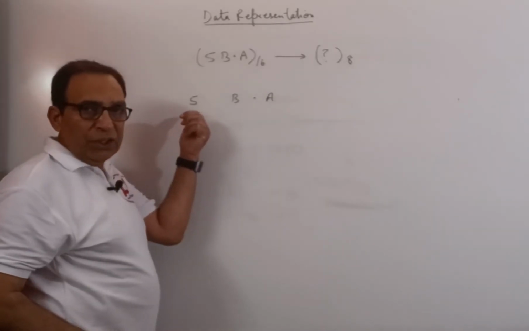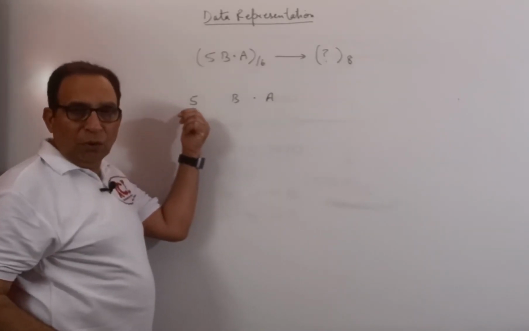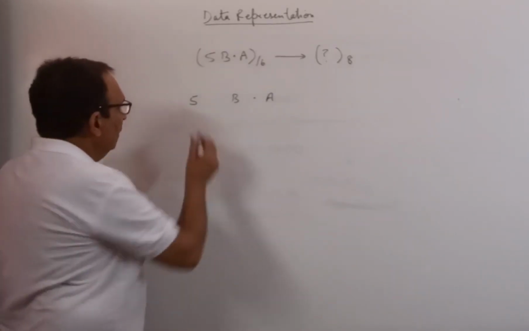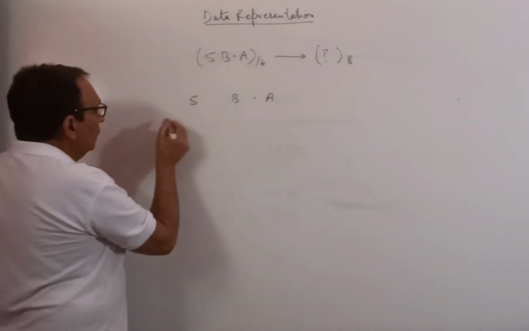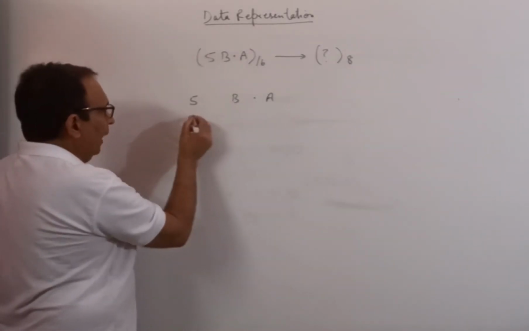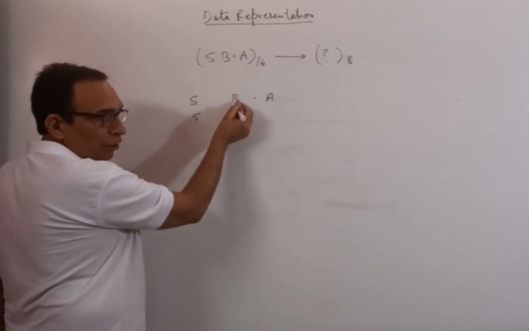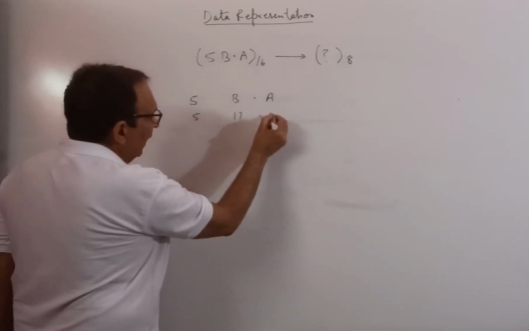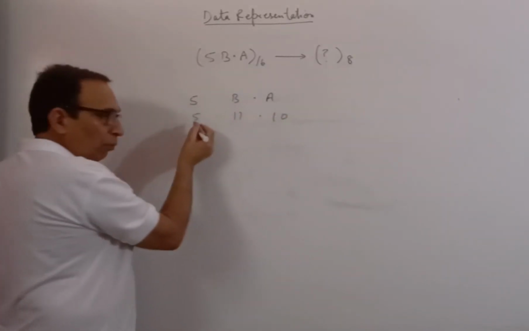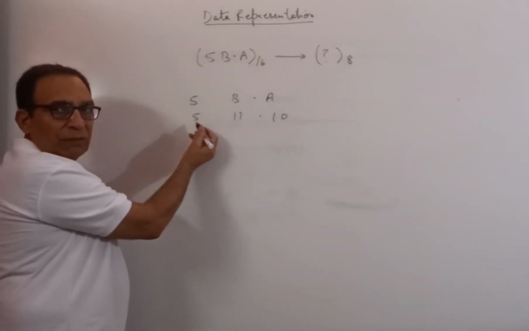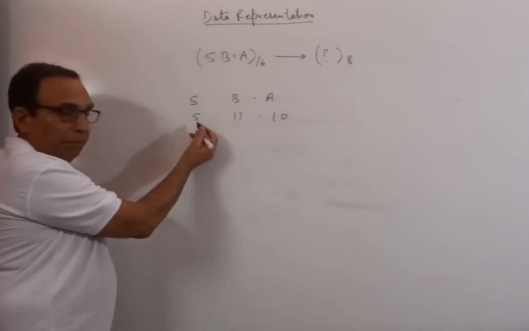Convert each of these hexadecimal digits into binary code. First of all, write the representation of B: B is 11 and A is 10. Now convert each of these digits into the equivalent binary number.